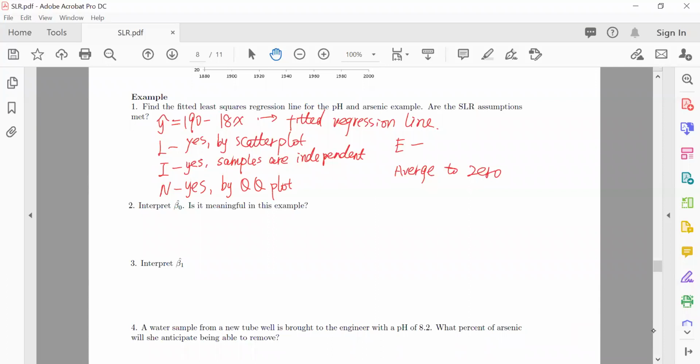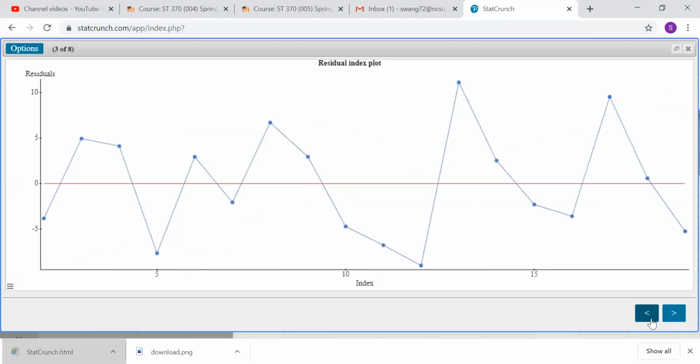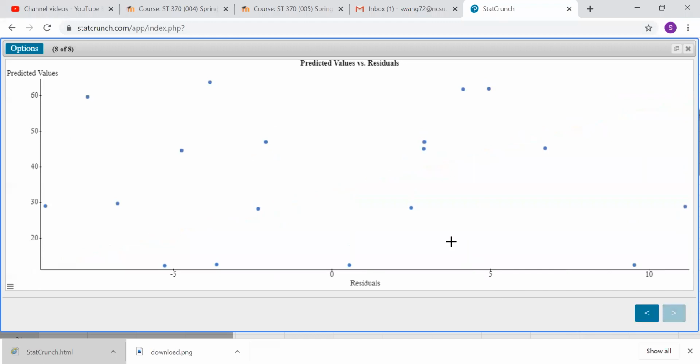The last two assumptions, the constant variance and the residuals averaging to 0, could be checked by the residual plot. So let's go back to StatCrunch. This is the residual plot. We are interested in the residuals versus the predicted values. You can see here is the 0, right?